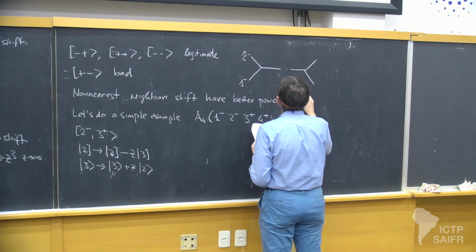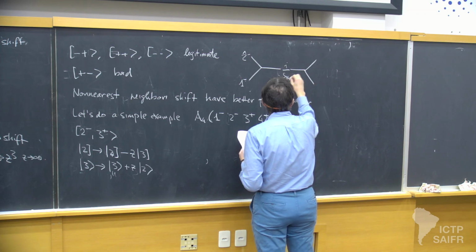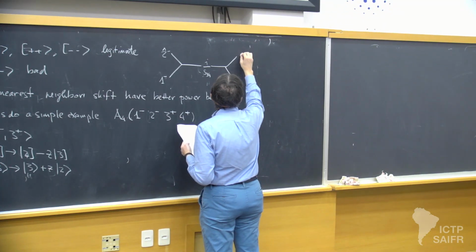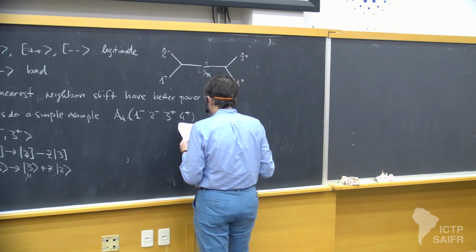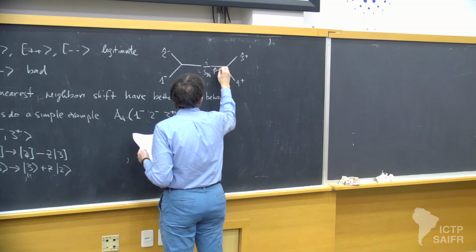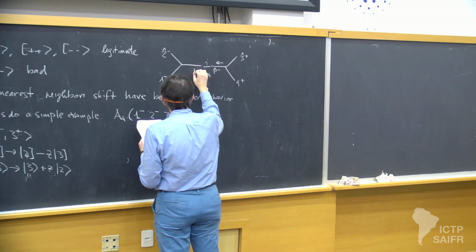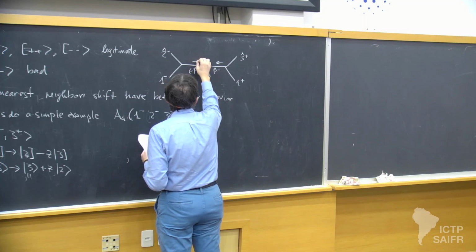So first, we're going to have the naive pole, which is just S34. And so we're going to have a p hat minus directed this way and minus p hat plus directed this way.